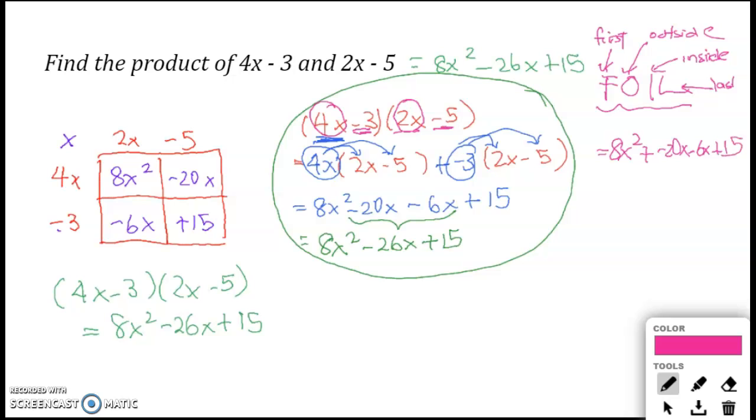So you are doing the same thing, but you're just learning the acronym and following that. But again, this only works for binomial multiplied by binomial. It does not work for trinomials, and so on. So I think the distributive method, if you understand this, what you're actually doing is FOIL. But this is going to be a lot more usable for all general cases.